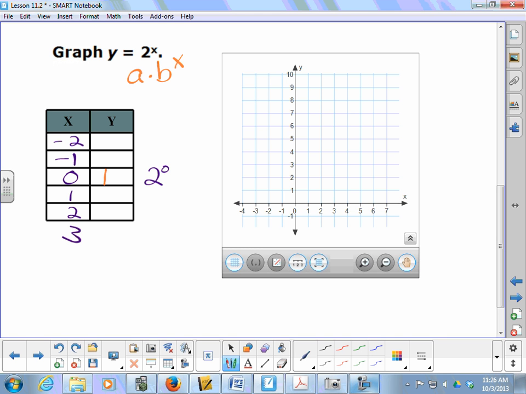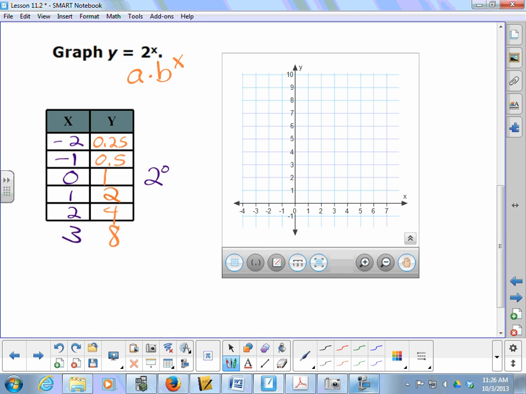Okay? So what's 1 times 2? 2. 2 times 2 is? 4 times 2 is? 8. 1 divided by 2 is? 0.5 or 1/2. And half of a half is? Okay, 0.25. All right, all we're doing is that simple thing there. Okay.